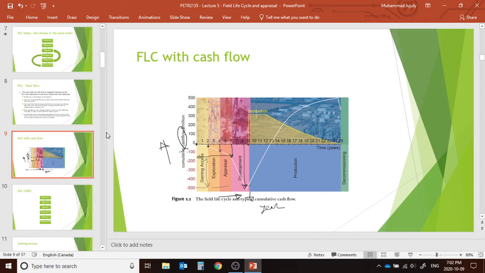And once you start doing the development, and then what? Then you start doing the production. Okay, so here you can see it's a small part here. This is because we actually do some test purpose, kind of like a pilot, right?